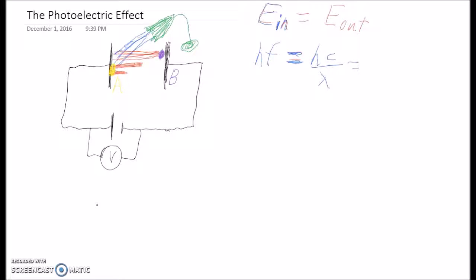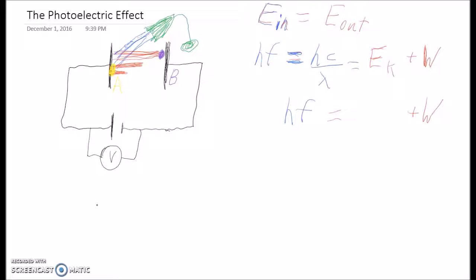Now, E out is going to be EK, the initial kinetic energy, plus the work function that it took to pop out that electron initially. Okay? So those are the two things. On this side, I'm just going to call it HF from now on. Either one works. And on this side, we've got EK plus W.